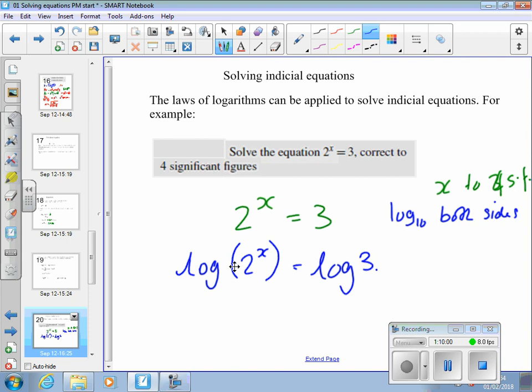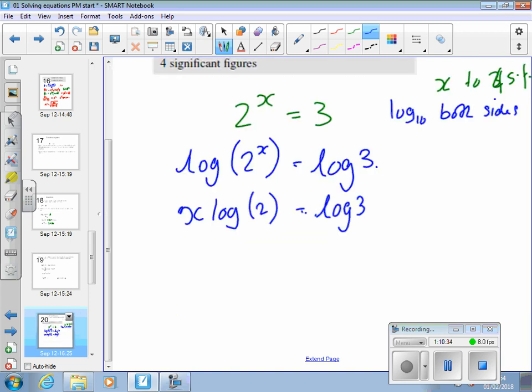We can write this side, because it says you can write log a to the n as n times log a. So we can take x out, times the log of 2. That's using that third law, just writing it in a completely different way. And that's still equal to log of 3.